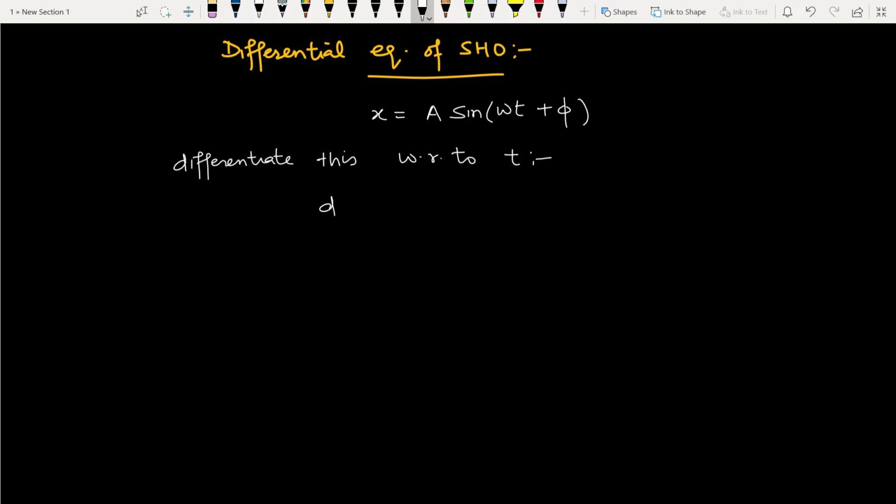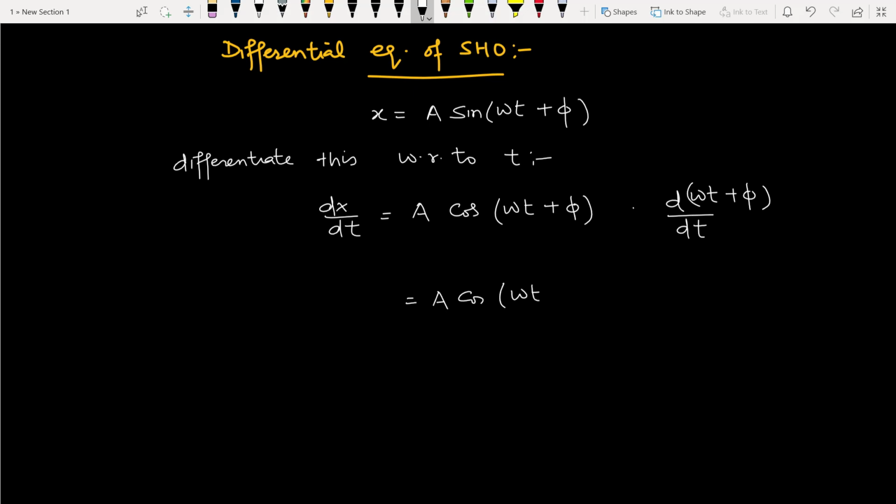So we will get dx by dt. Its derivative will be A, derivative of sin theta is cos theta into derivative of angle. So it is A cos(omega t plus phi) into d(omega t plus phi) by dt. Derivative of phi is 0, and this is 1. So it is A omega cos(omega t plus phi).